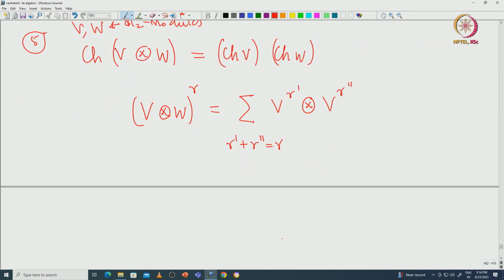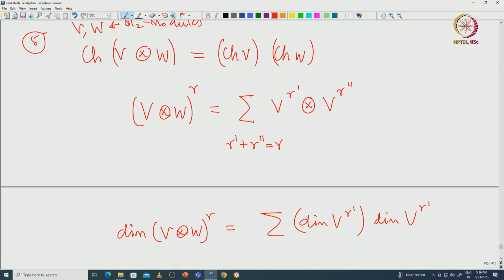In particular, the dimension of the space (V tensor W)_gamma will be equal to the summation of the dimension of V_gamma' times the dimension of V_gamma''. That is what you use in order to prove this product formula. So check this, and then using this you can immediately get the result.